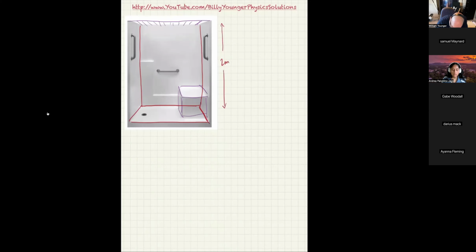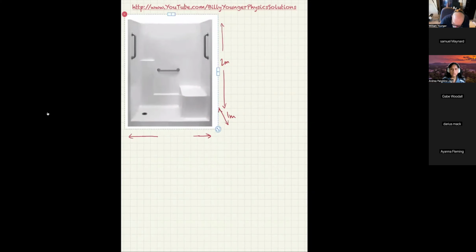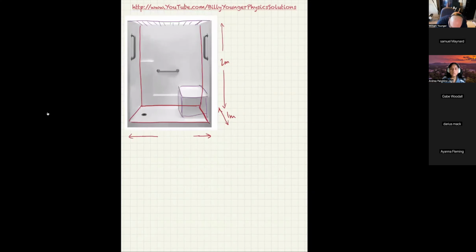This distance in and out of the page is about 1 meter. It's probably a little less than a meter, but that's okay. And this distance from here to here is also on the order of 2 meters.